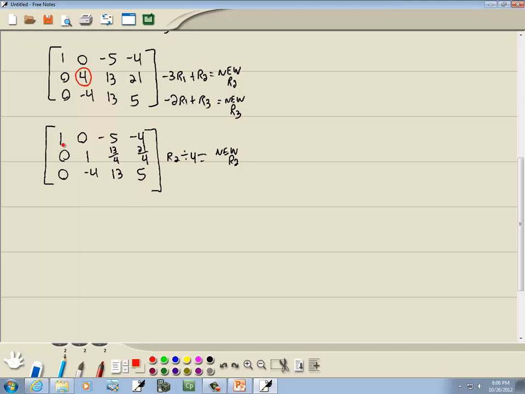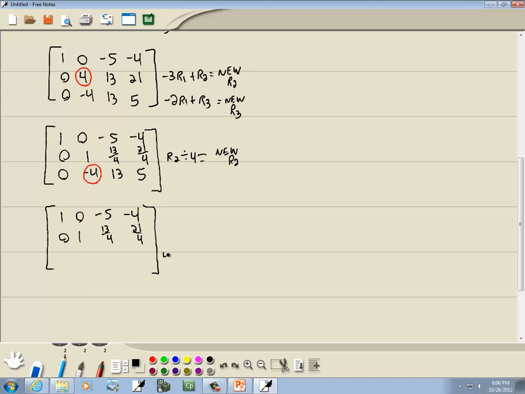Okay. Then we'll get zeros below it. So we want a 0 here. If I look at the 1, I ask myself, what do I multiply times the 1 that then can add to the negative 4 to get 0 there? Well, if I multiply this 1 by 4, 4 times 1 is 4, plus negative 4 is 0.